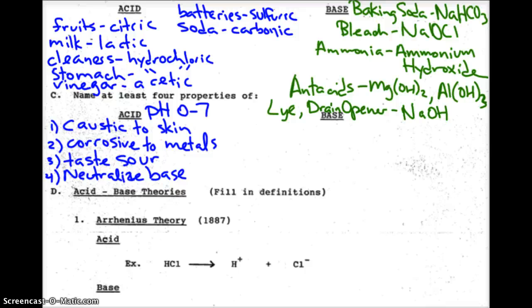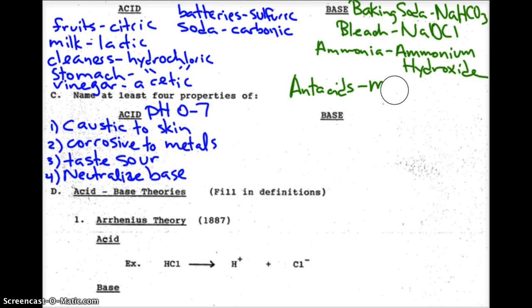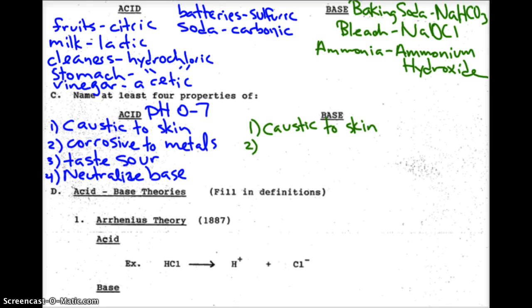If we think about bases, what we know about bases is they are also caustic to skin. They actually react with your skin to form a soap, so that ends up being slippery.